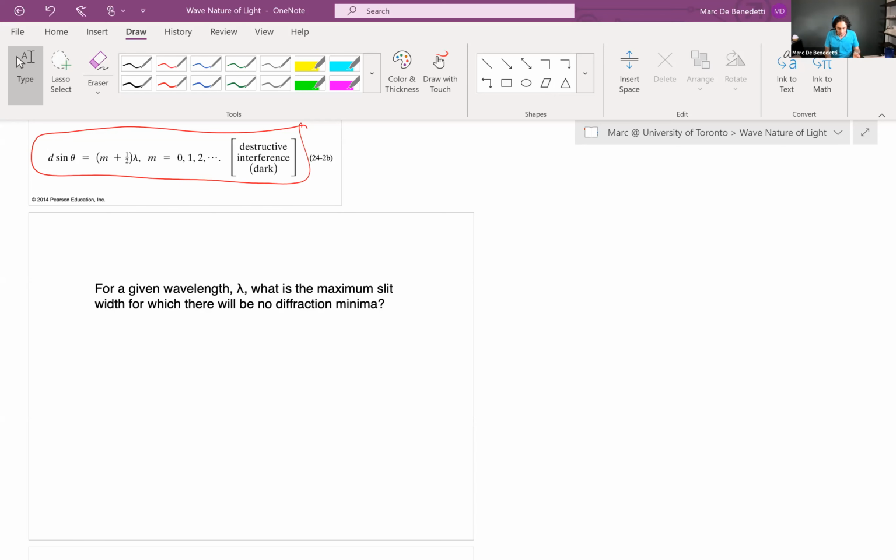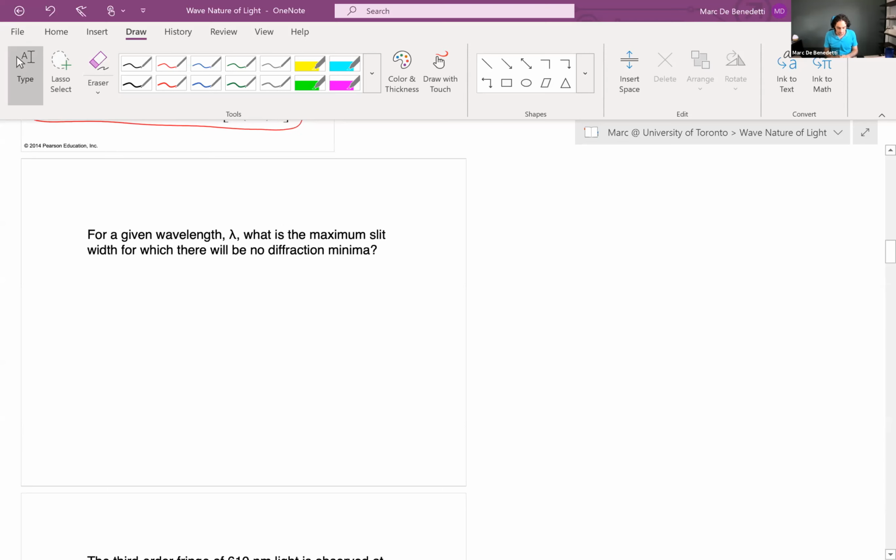Well, yes and no. There's clearly an upper limit to what will cause this interference. So that's what this question is about. For a fixed wavelength, like red light or blue light or violet light, what is the maximum slit width that will produce no diffraction minimum? No diffraction minimum means there's no shadow, which means it's just bright, which means it's just a window, or just a doorway. It means there are no dark spots, and you're just letting all the light through.